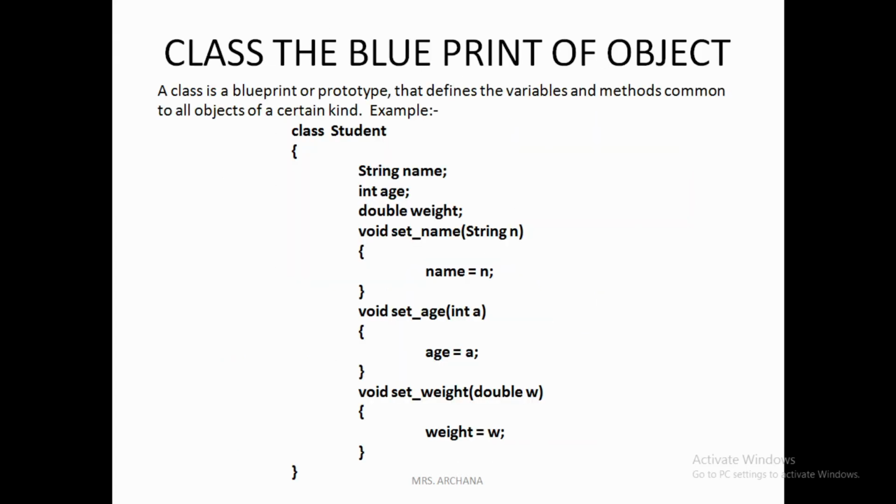In this slide, a class named student is defined. It has 3 instance variables and 3 methods.